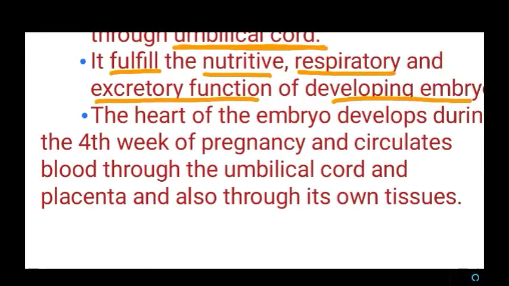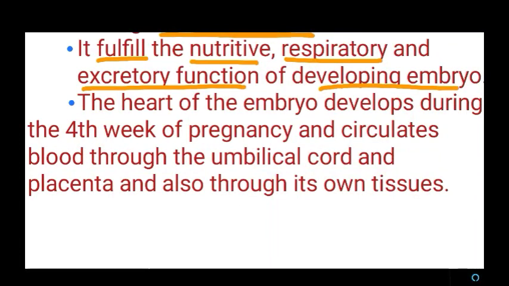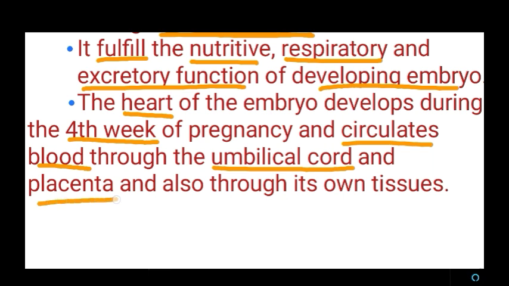If these functions have to be carried out, circulation is necessary. So a circulatory system is a must. The heart develops during the 4th week of pregnancy. Thus it circulates the blood through the umbilical cord and placenta and also through its own tissues.